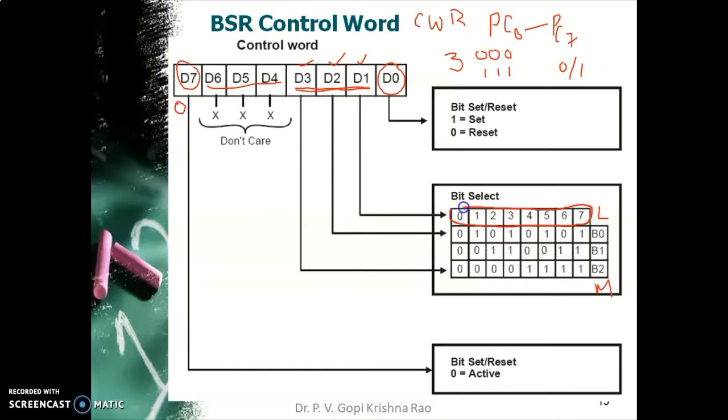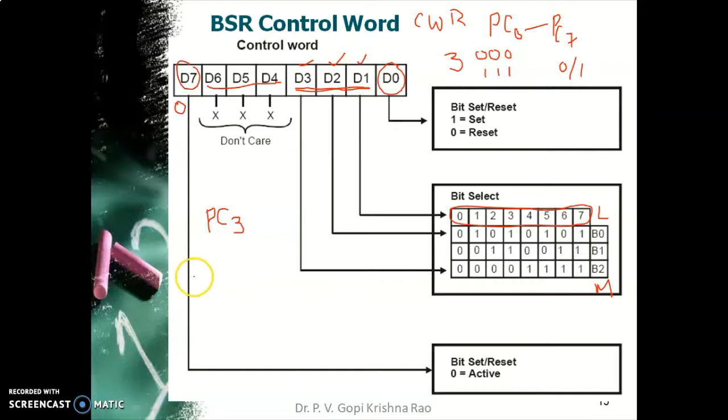So if it is 000, it is PC0, 001 is PC1, 010 is PC2, 011 is PC3, 100 is PC4, 110 is PC6, and 111 is PC7.